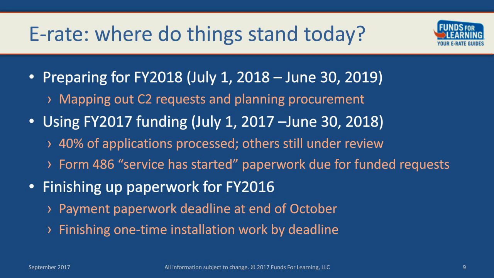For many of those applications, there's a deadline of September 30th to complete that work, depending upon when the funding commitment was released. Every situation is sort of different, so the big takeaway right there is just to make sure that you know where things stand with your 2016 application and also your 2017 as we now kind of transition to talking about preparing for the 2018 funding year.